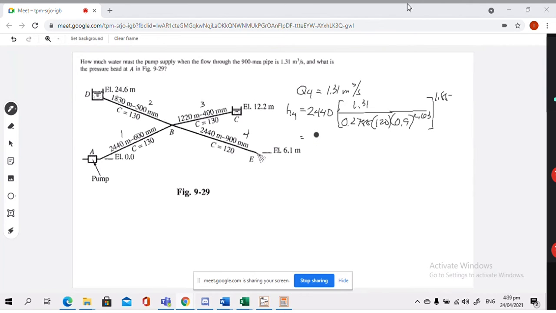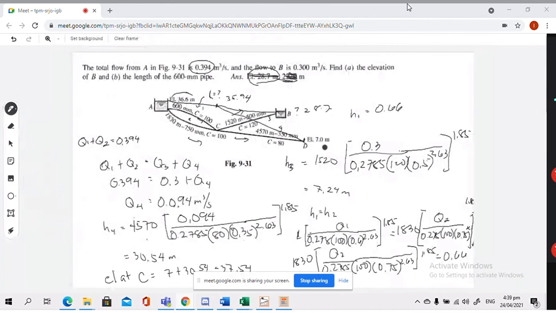So the head loss will be 10.18 meters. So elevation at B is equal to 10.18 plus 6.1. Wait ha.